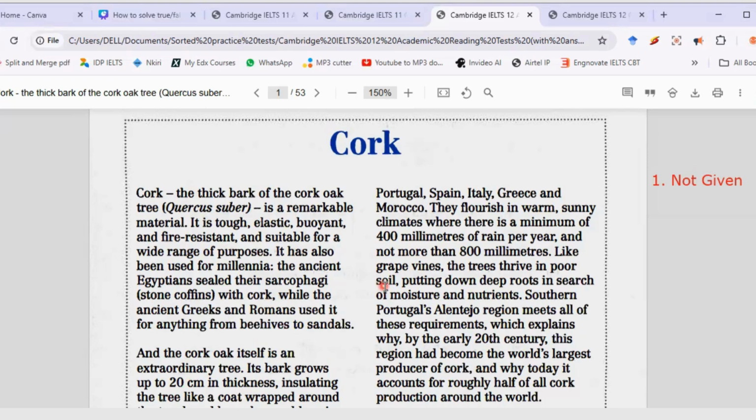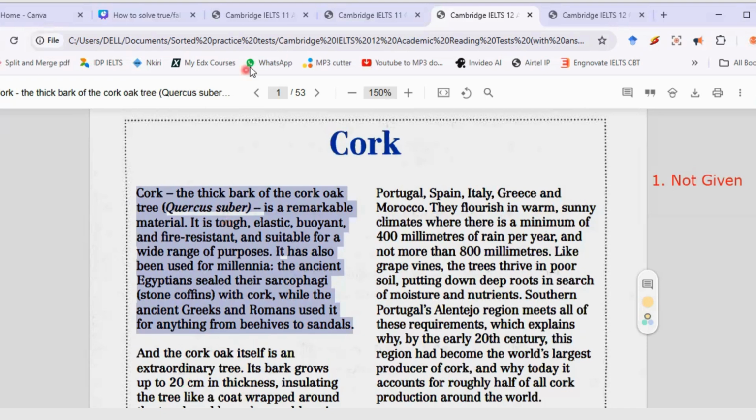Something else is the thickest. Is there anything in this passage that tells us that something else is the thickest bark?